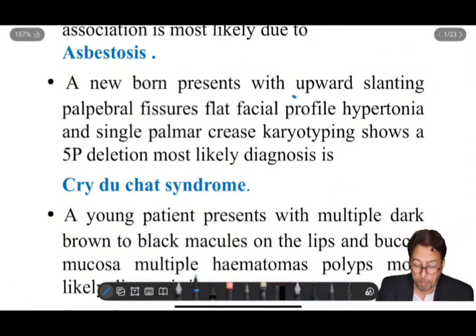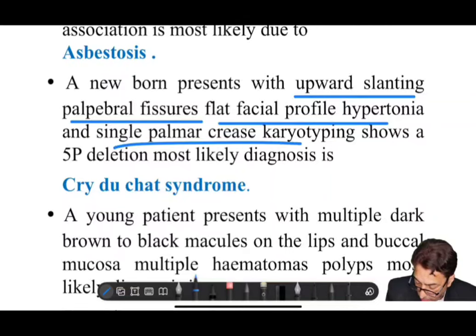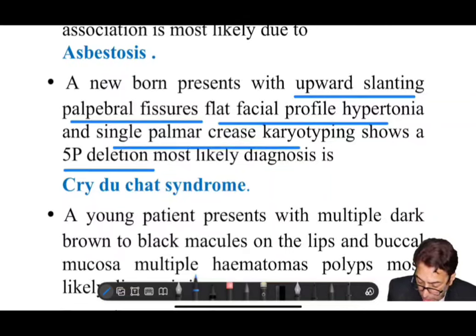A newborn presents with upward slanting palpebral fissures. So here is a clinical case: flat facial profile, hypotonia, and a single palmar crease. But karyotyping shows 5p deletion syndrome. Now, you have to remember that there is something which resembles other syndromes like Down syndrome, like Edwards syndrome.